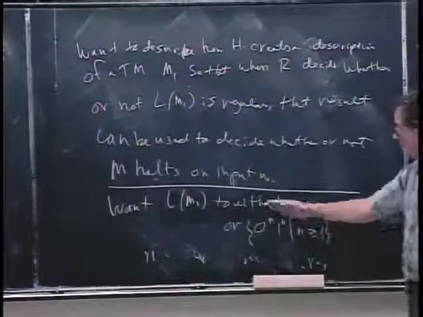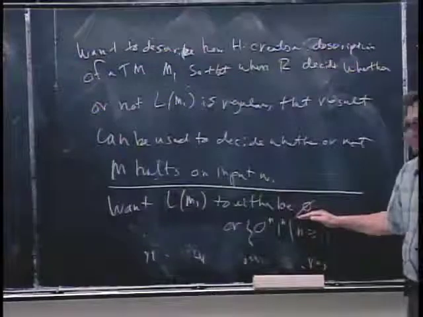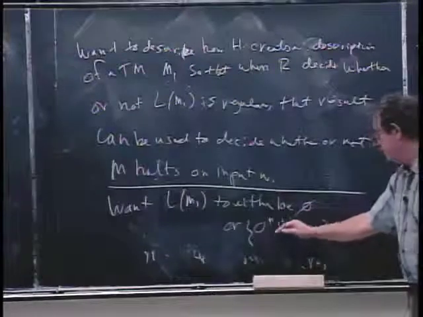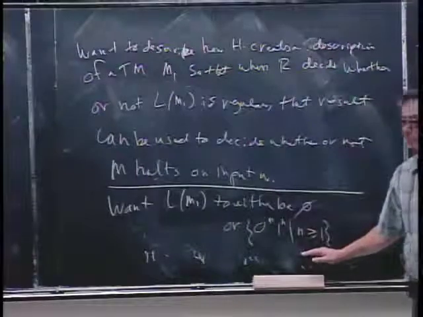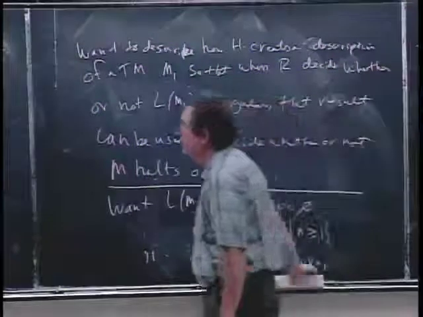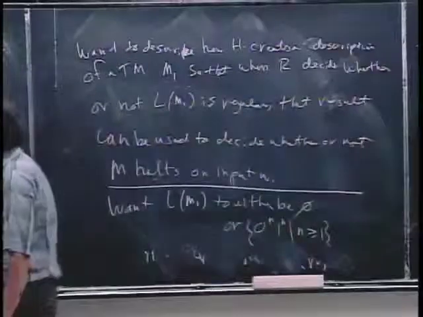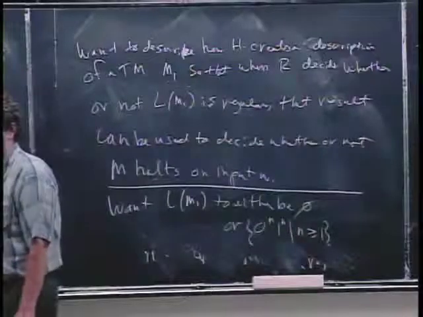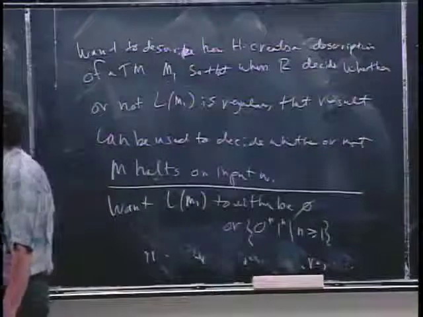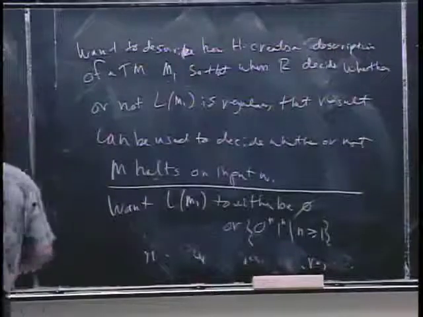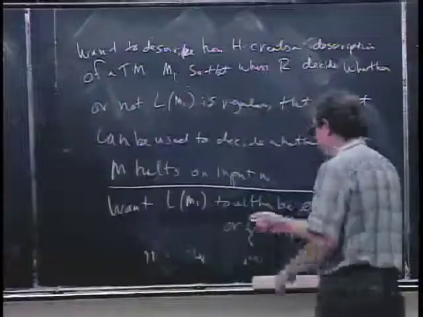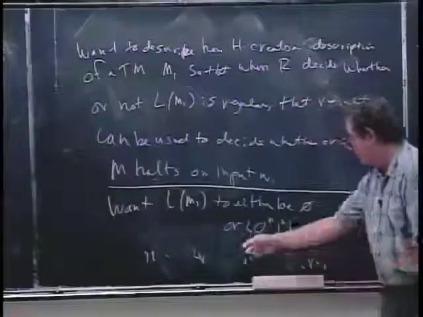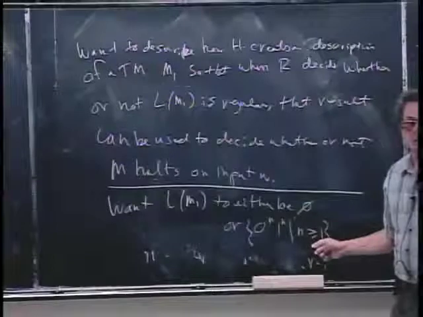So that's a language that's regular. 0 to the n, 1 to the n, we know that's a language that's not regular. Okay? So based on whether M halts on W or not, we want L of M1 to be the empty language, or we want it to be this one.